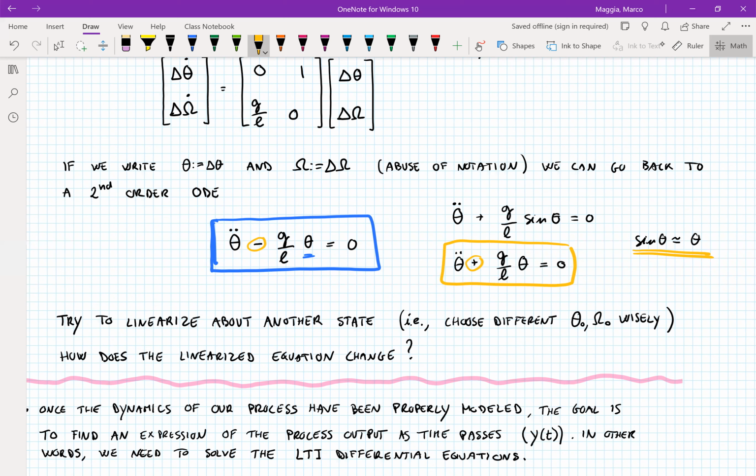If you go back and redo all the linearization process following steps 1, 2, and 3, but now using the downward equilibrium, so theta 0 equals 0 and omega 0 equals 0, then you would find the plus sign eventually. So again, be very careful, because the linearized system depends on the reference point about which you linearize the original nonlinear system.